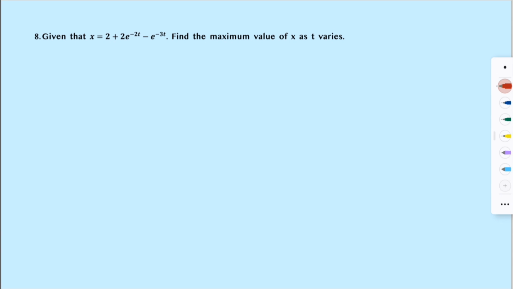Given that x is equal to 2 plus 2e to the power negative 2t minus e to the power negative 3t, find the maximum value of x as t varies.